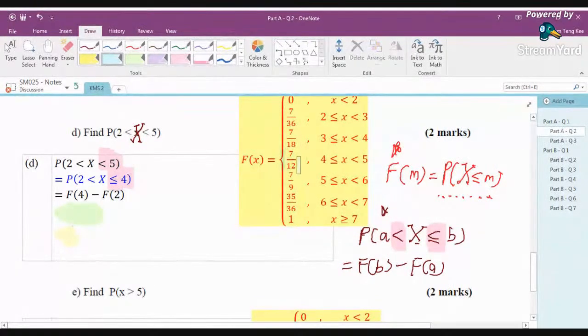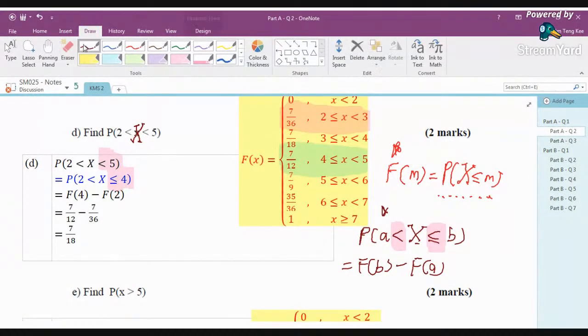F(4) is referring to this one, where it gives me F(4) as 7 over 12, whereas F(2) refers to this value here in your cumulative function. So I have 7 over 36. And as a result, I have the answer as 7 over 18. Okay, so this is how we get the answer.